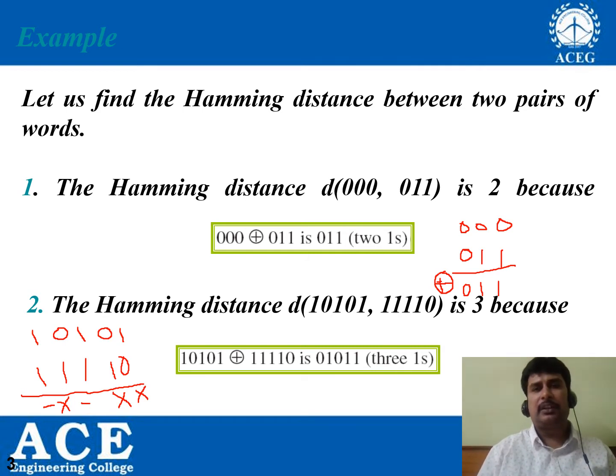Hamming distance is one of the very important parameters to identify how many errors can be detected and how many errors can be corrected. So everyone make sure you understand Hamming distance. The first important thing here is that in Hamming distance, whatever numbers we have, we have to represent in binary form, in the form of ones and zeros.